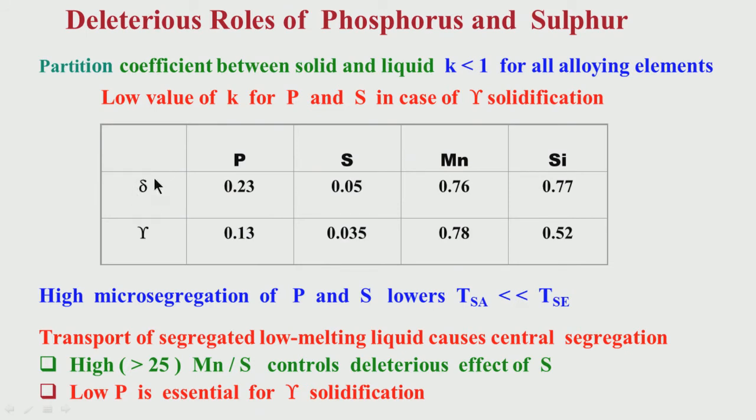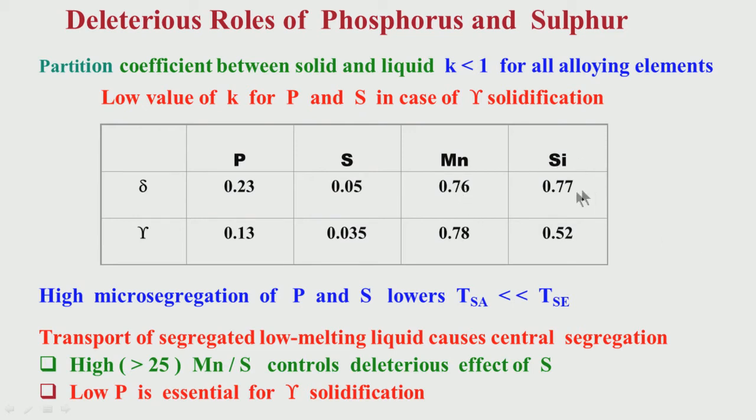If it is delta ferrite, you have some k values. If it is austenite, that means gamma, you have some k values. Now, wherever k values are smaller, I have mentioned several times that very small k will cause a very high amount of segregation. So, look at the different values of k for different alloying elements.